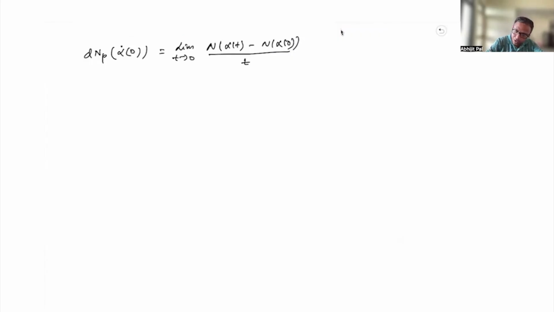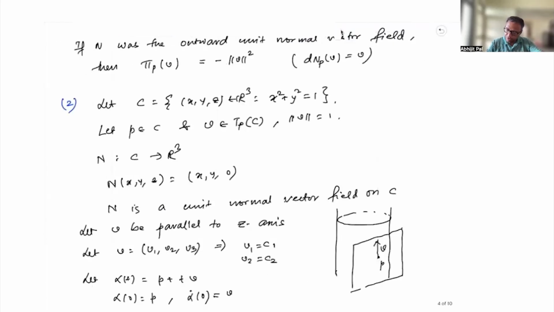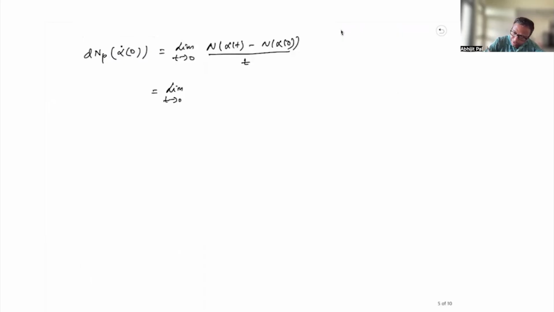So it is n of P plus tB minus n of P whole divided by t.